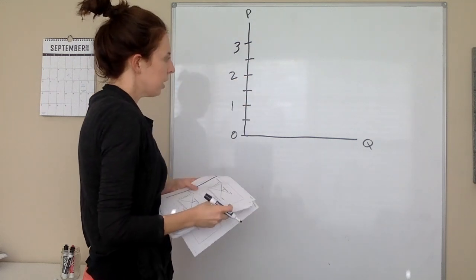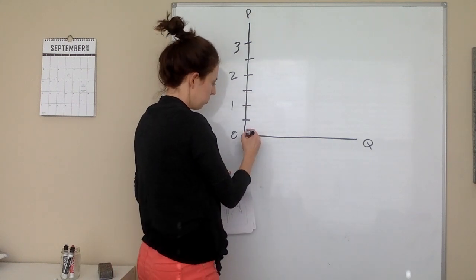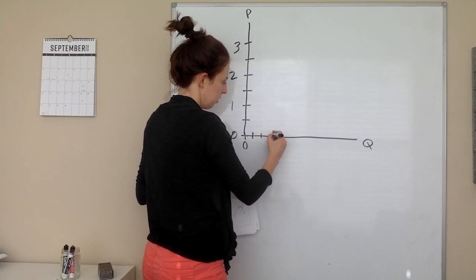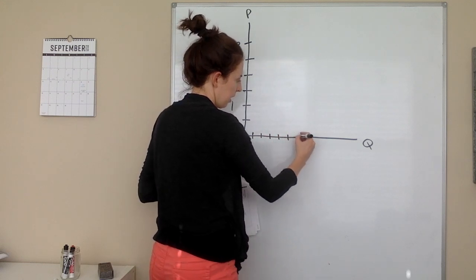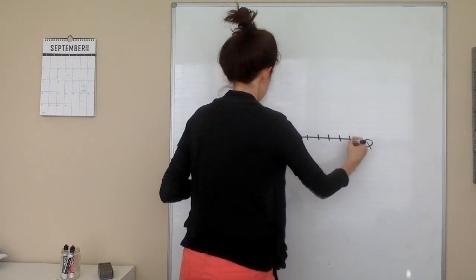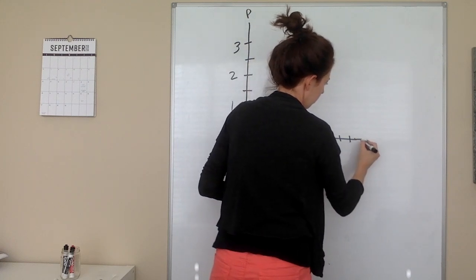And then let's have the quantities increase in 1 unit increments from 0 to 12. So we're going to have 0, 1, 2, 3, 4, 5, 6, 7, 8, 9, 10, 11, make it a little bit longer, and 12.